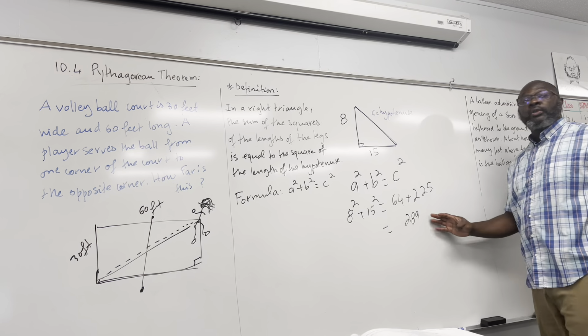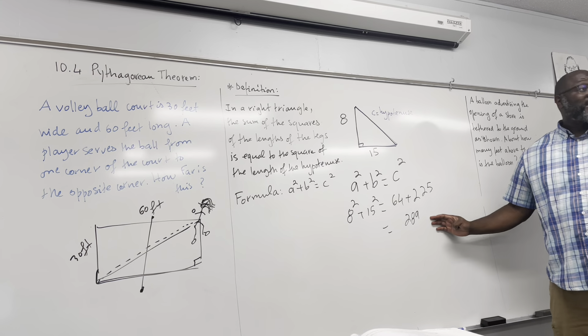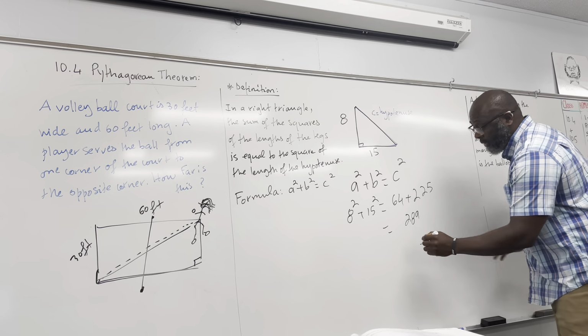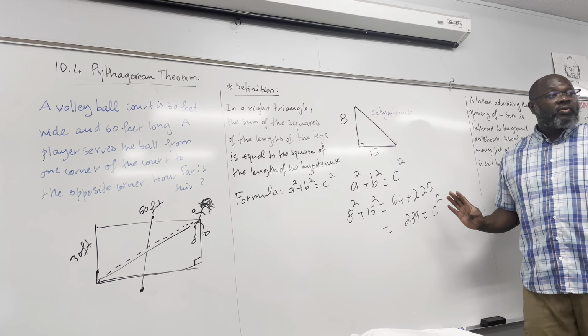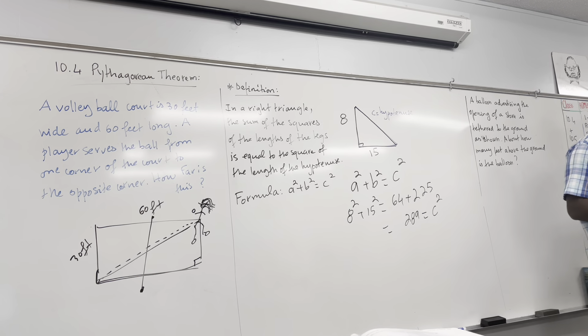And 289 is equal to what? C squared. Now the question is, are we looking for C squared or are we looking for C? C. So how do you find C?